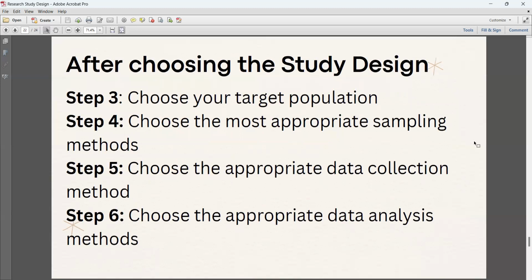So after choosing your specific study design, what next? Before we go to the next steps, I would like to say that the name of your study design will mostly be dependent on two factors which we've looked at.